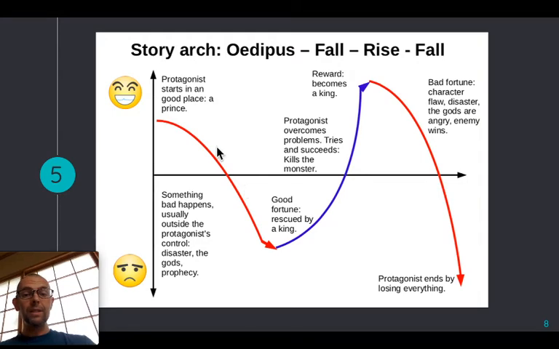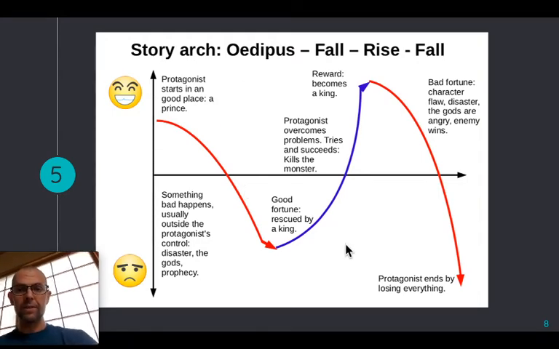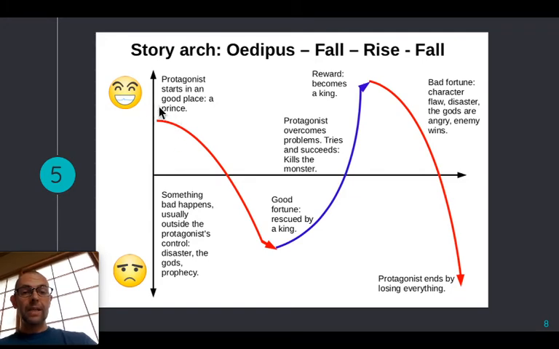The next one is the Oedipus story arc, and you see this is the reverse of the Cinderella story. Again, Oedipus comes from Greek mythology, and we start off with the protagonist in a fairly good place. Oedipus was born, he was in a fairly good place, but something happens.